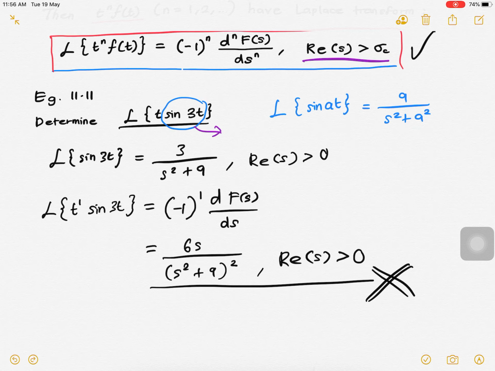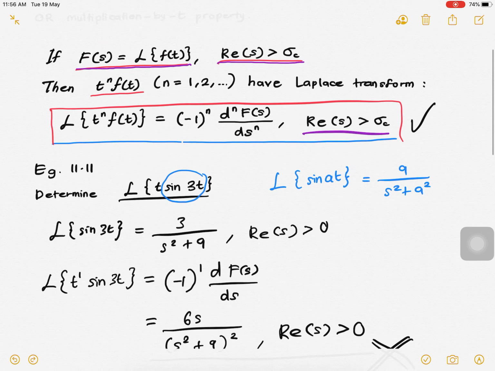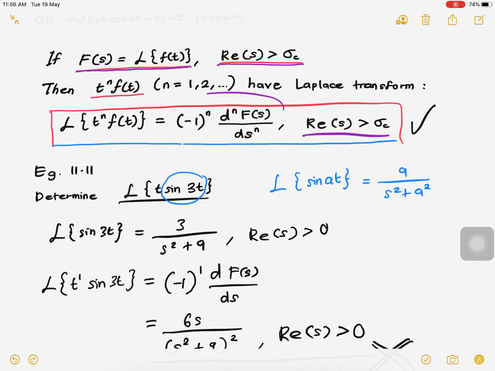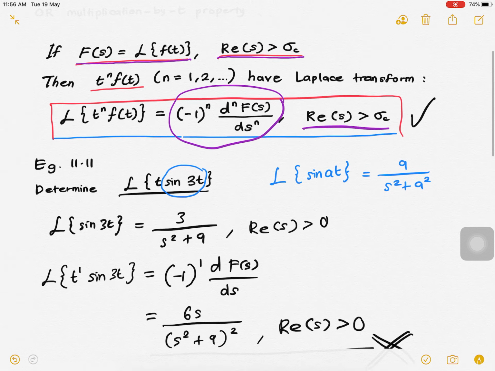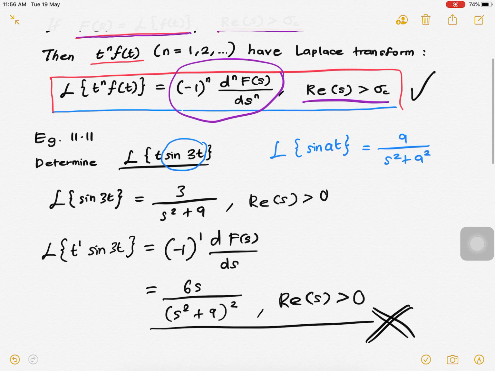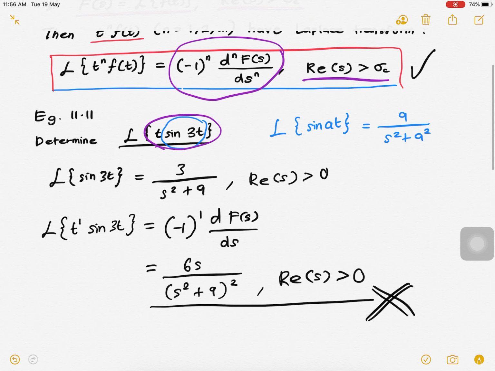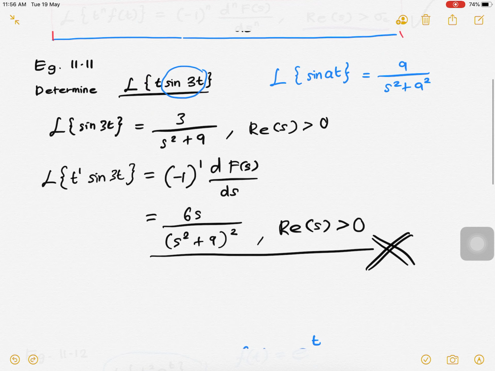After we transform it, we get this answer, and the condition is this one. And then we use this formula to solve the overall function, which is right here.